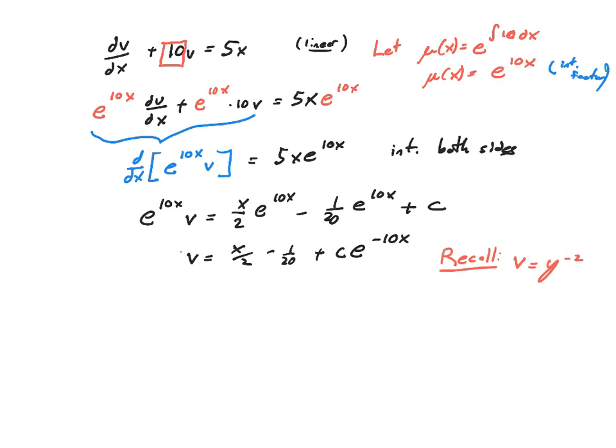So when I make the substitution back, where v is now equal to y to the negative 2, I get that the actual solution is y to the negative 2 is equal to x divided by 2 minus 1 over 20 plus c e to the negative 10x.